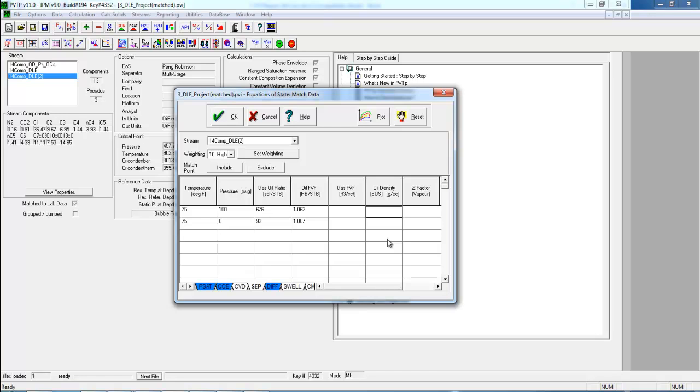Did you see that? Yeah, I can, but I don't know if. So now you can press OK.